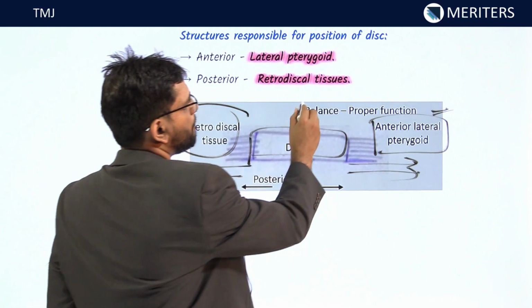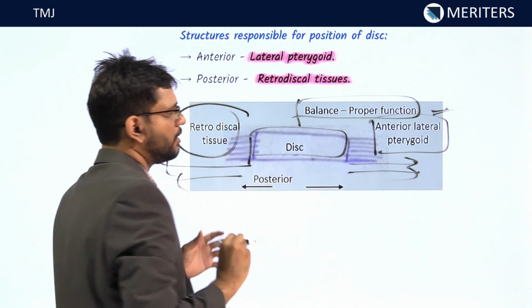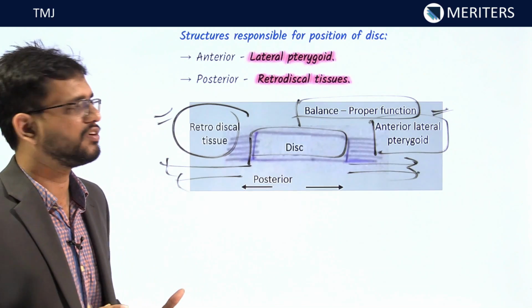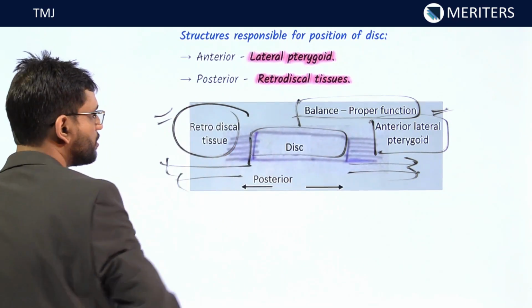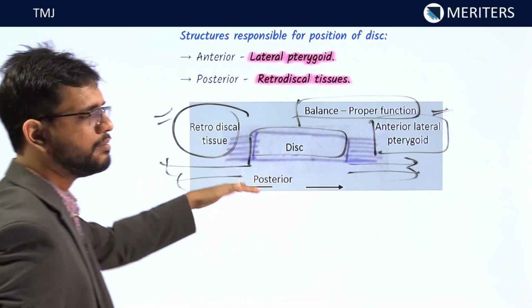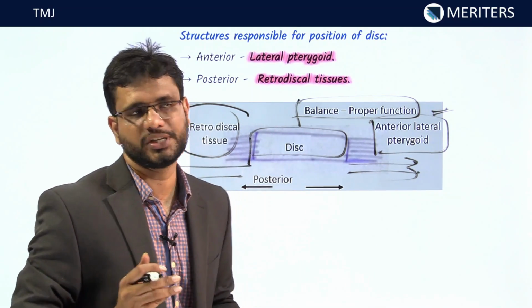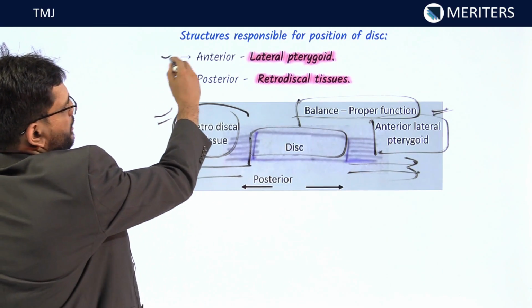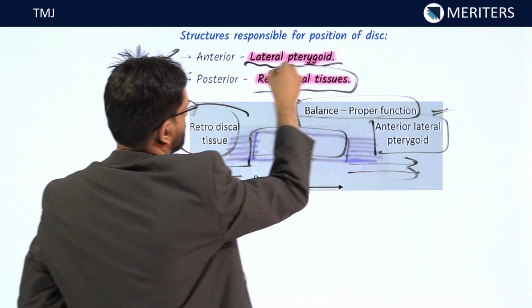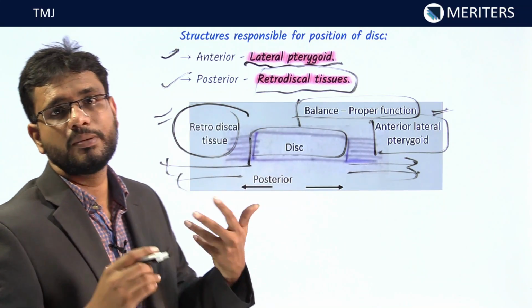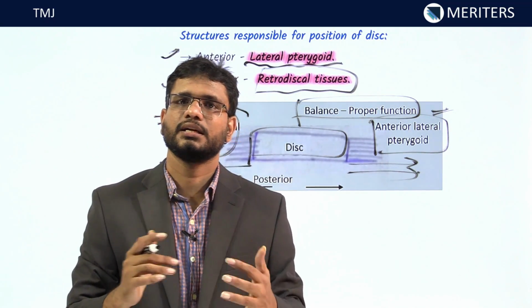So there will be a balance required for proper function. For the anterior, you will remember the lateral pterygoid, and for the posterior, the retrodiscal tissue, and the balance between these two maintains your meniscus in the correct position.